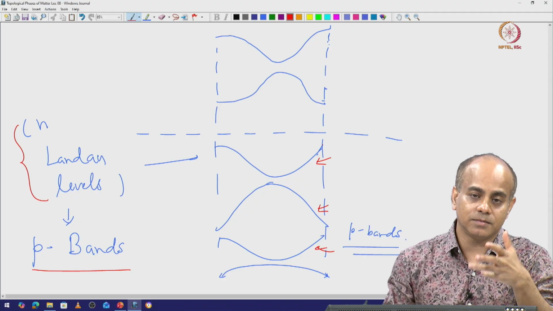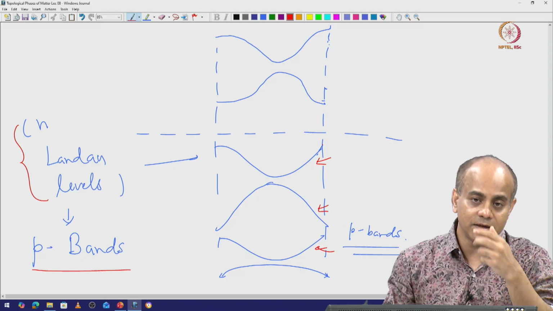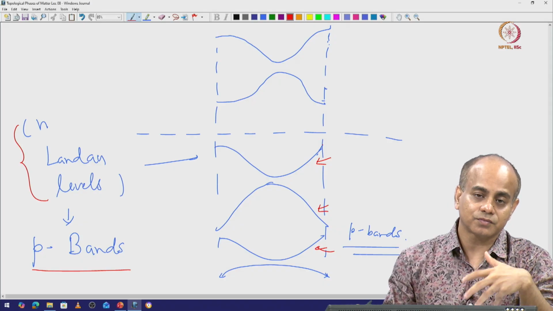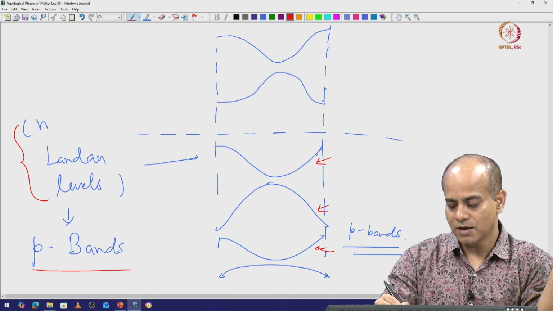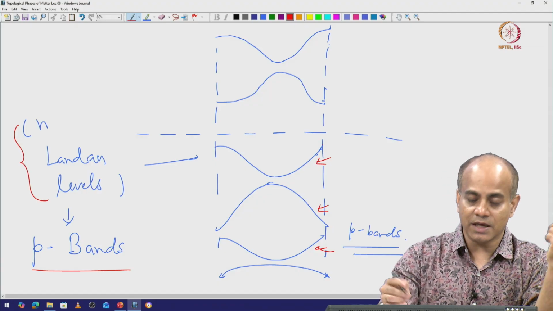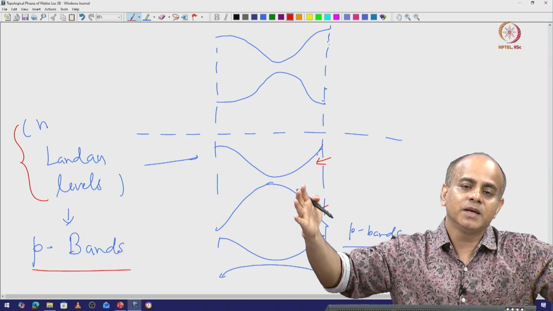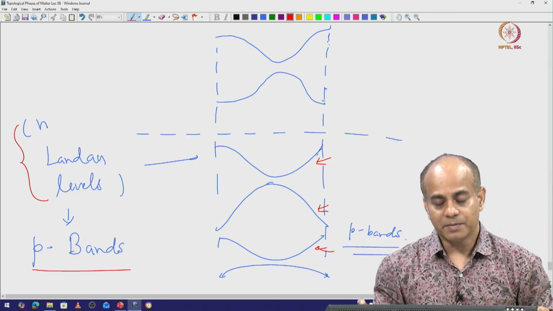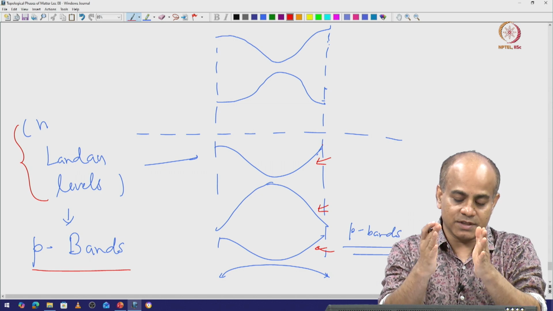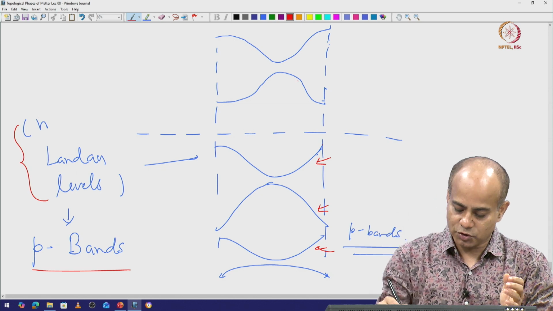As you increase the magnetic field, your flux increases, so the number of bands increases, and the unit cell becomes larger, but your magnetic zone reduces. So there are supposed to be more foldings.